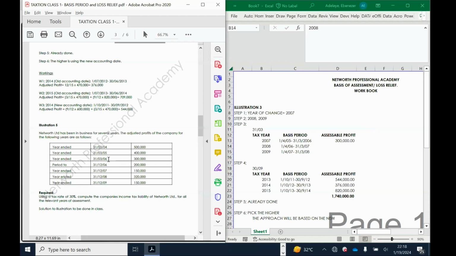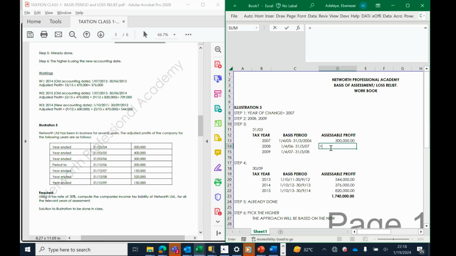So this period, March 2006 to December 2006, is how many months? 9 months. So for that 9 months it is 200,000, right? So we have to look for the remaining 3 months from the next one.